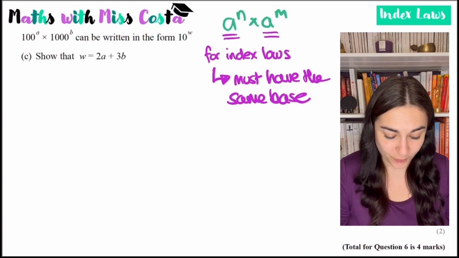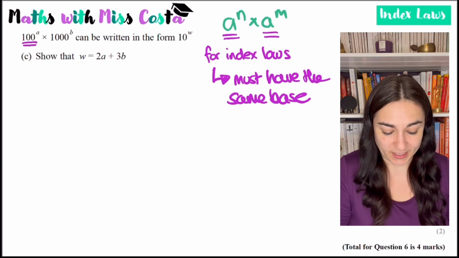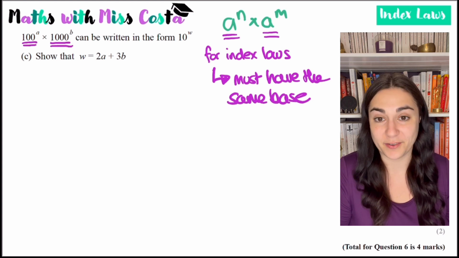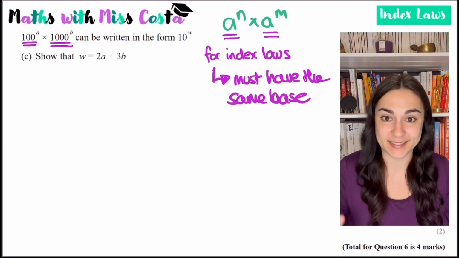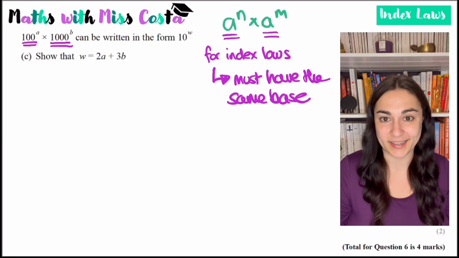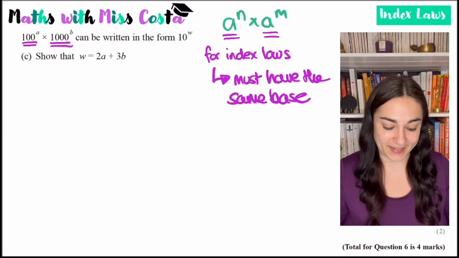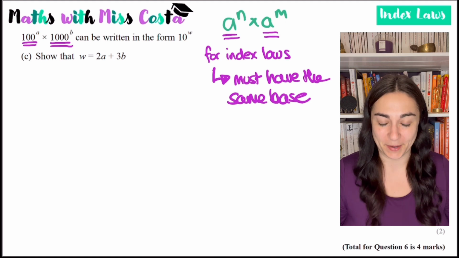Hopefully you see that the base over here is 100 and the base over here is 1000. Therefore, the laws of indices cannot work on this calculation unless I manipulate it so that these numbers are rewritten as something that has the same base.